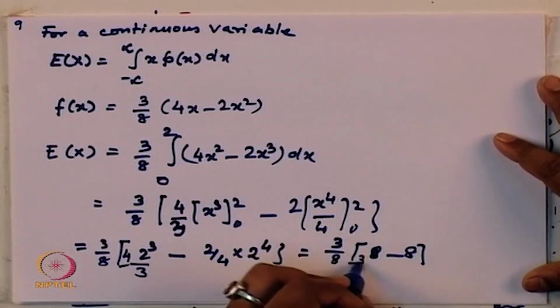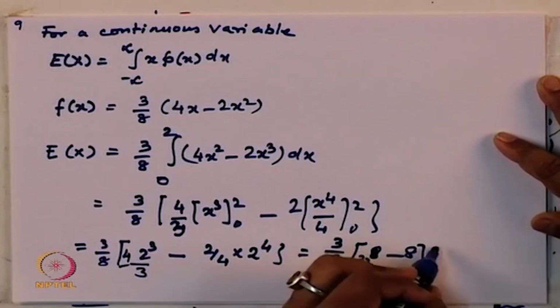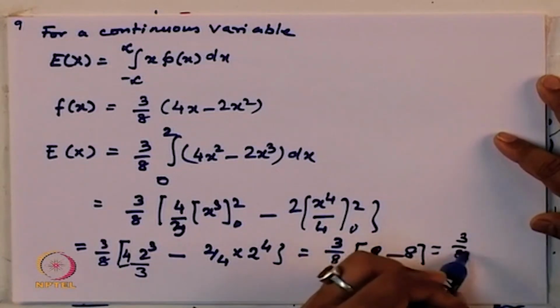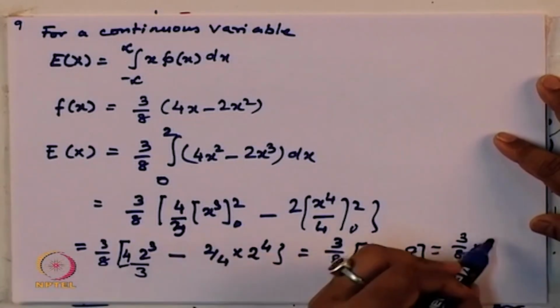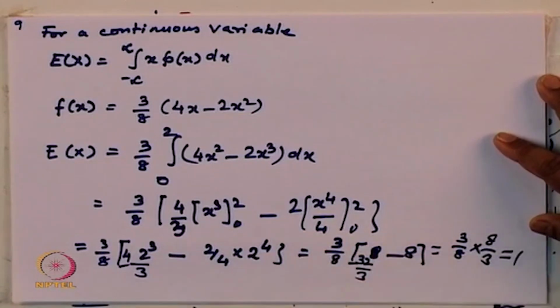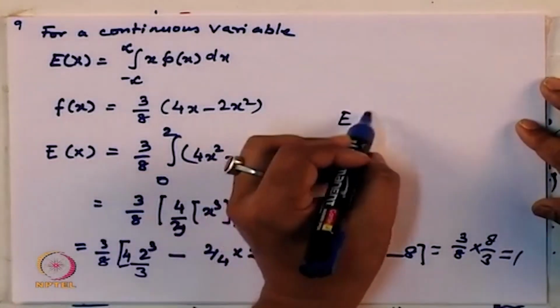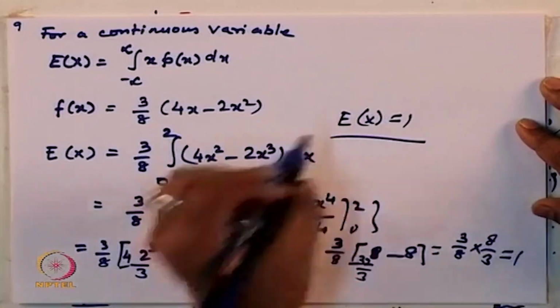So, basically 8 fours are 32 by 3, equal to 3 by 8 into 8 by 3 times 4, which is equal to 1. So, for this particular distribution your expected value is 1.